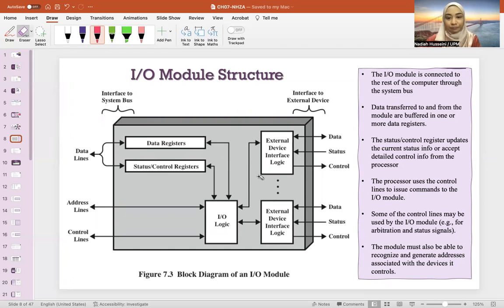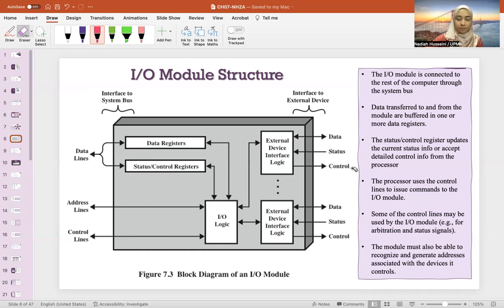It's like the brain. And the I/O logic is also connected to the external device interface, whereby this interface connects with the printer, keyboards, etc., your peripheral devices. So you can connect a lot of peripheral devices, and each one will have their own data, status, and control lines.